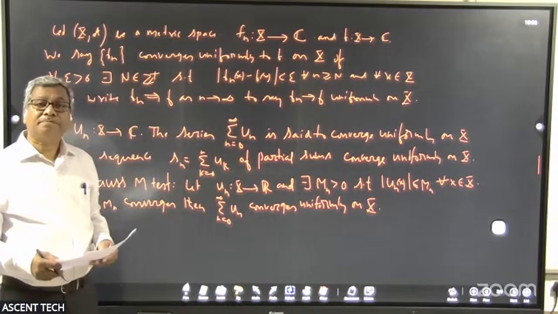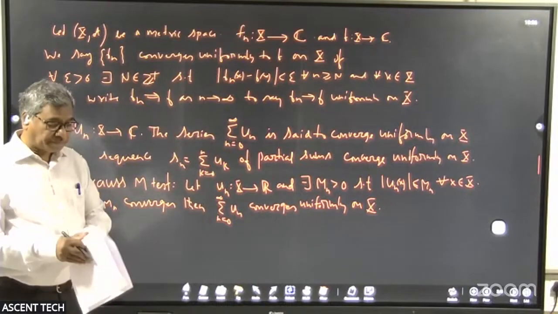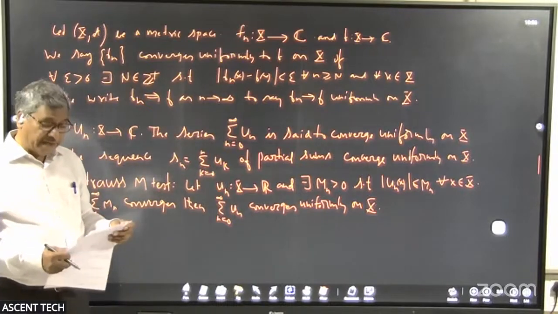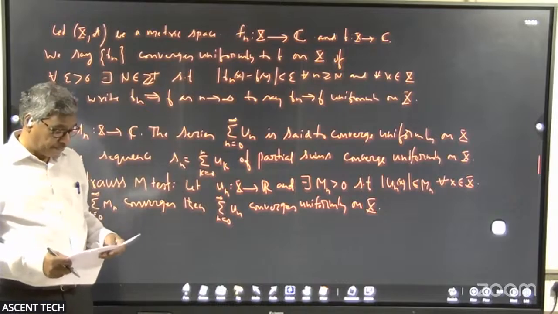Is it clear, sir? Any questions so far, please? I'm just trying to rephrase this. If you have a series of functions un, and they're all bounded by a set of Mn's, and if that series converges, then you're basically saying that this thing converges uniformly. Yes, that makes sense.